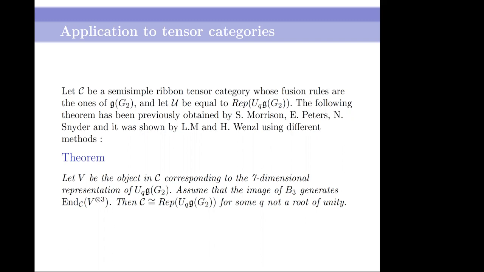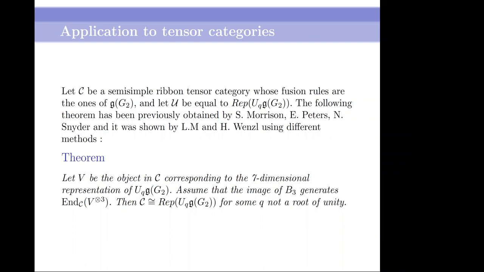This is for q not a root of unity, but Kazhdan-Lusztig's work also works for the root of unity case. So if one can verify that some category satisfies these properties, then you see at least the category, right?